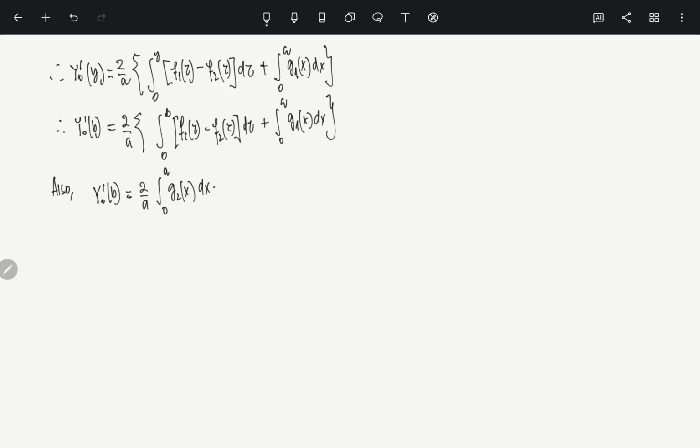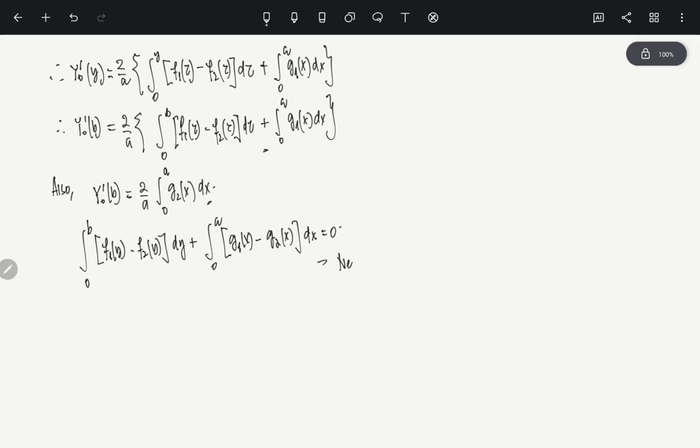If you put all these two expressions of y_0 prime of b together, you get the integral from 0 to b of f1(y) minus f2(y) dy plus the integral from 0 to a of g1(x) minus g2(x) dx equals 0. This is the necessary condition for existence, the compatibility condition.